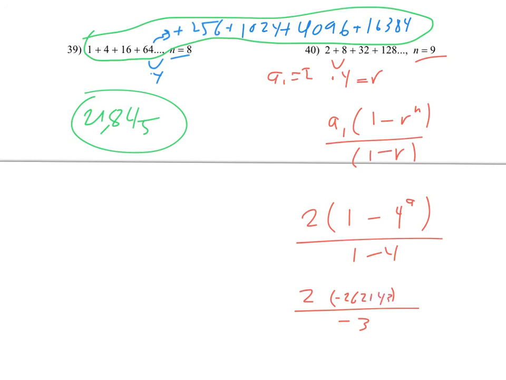So then I'll multiply that by 2 and then divide by negative 3. And I'll get my final answer there, which is still a big number. It is 174,762. So if I would have just kept multiplying by 4 and made the list like I did up here, if I added all those up, I would have gotten that same answer.